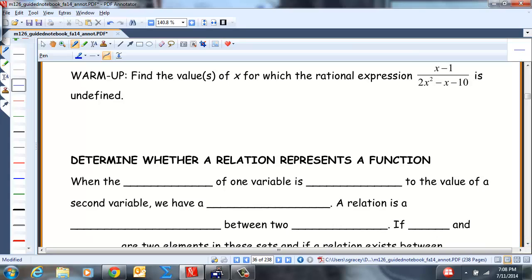warm-up. So we need to find the values of x for which this rational expression is undefined. And here, if you think about fractions, is it okay for there to be a 0 in the numerator or denominator?